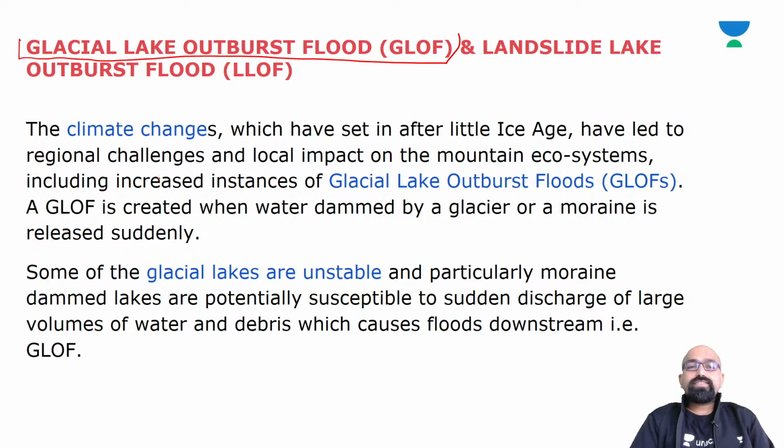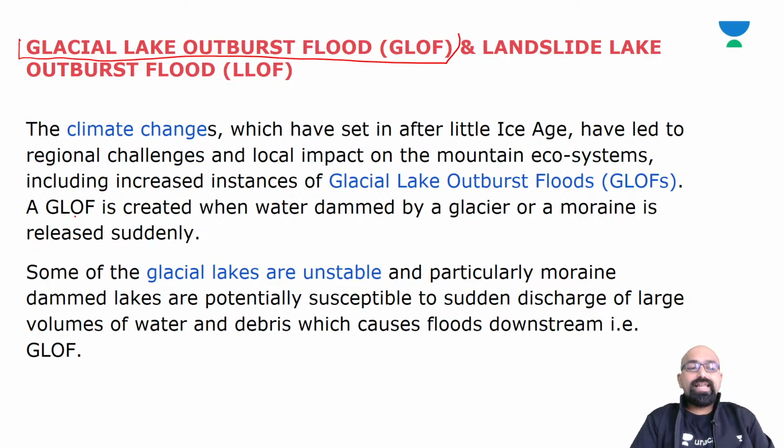We can say the climate changes which have set in after the Little Ice Age have led to regional challenges and local impact on the mountain ecosystem. A glacial lake outburst flood, GLOF, is created when water dammed by a glacier or moraine is released suddenly.